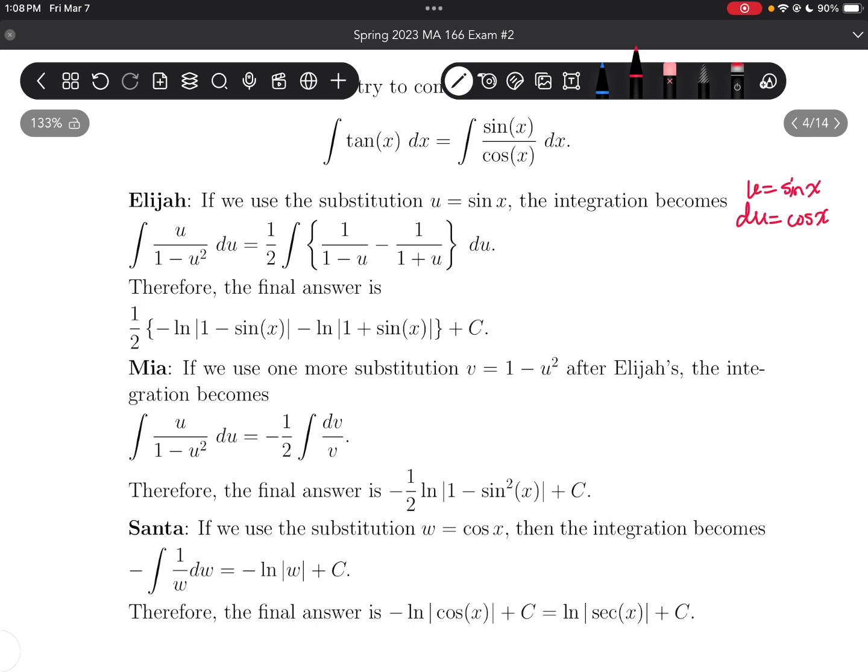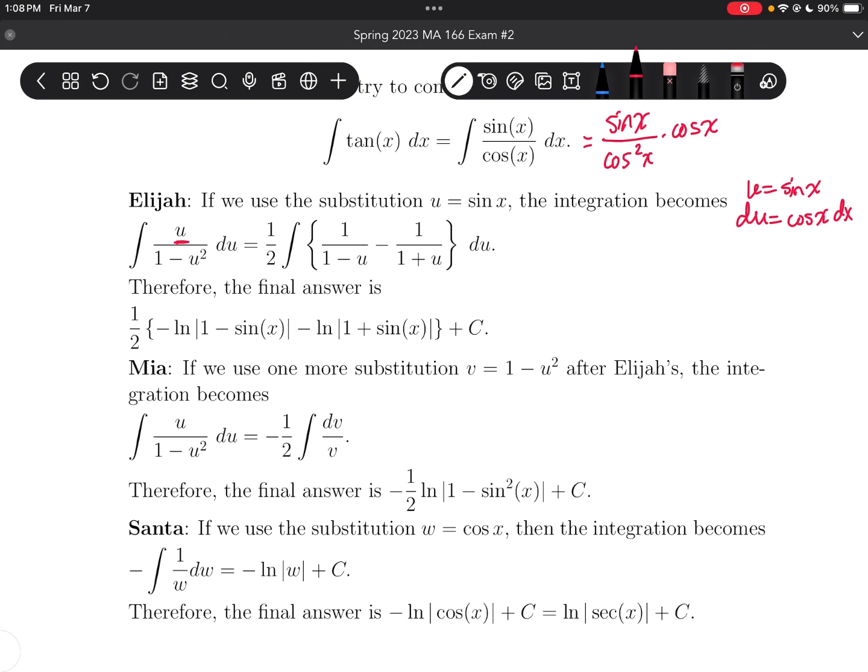And so he plugs in u over here, and then it looks like he plugs in 1 minus u squared for the denominator. So, what he does is he rewrites this as sine x cosine x squared. That's not a good square.